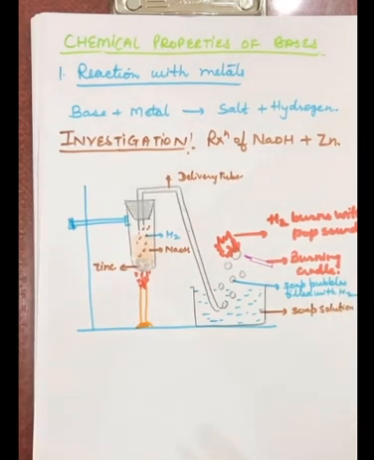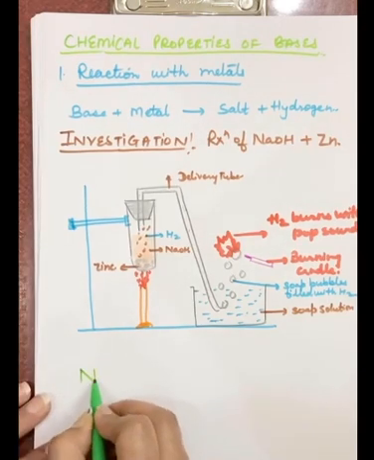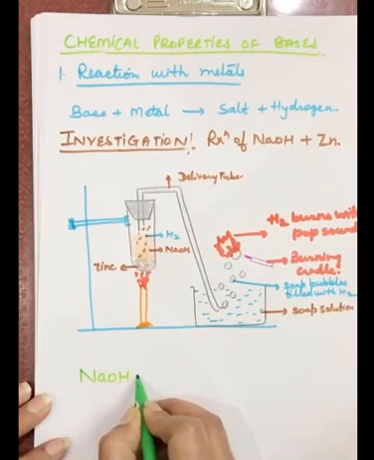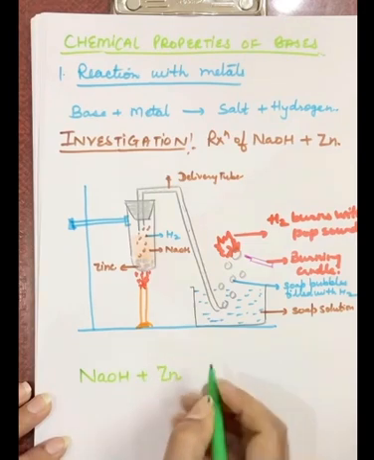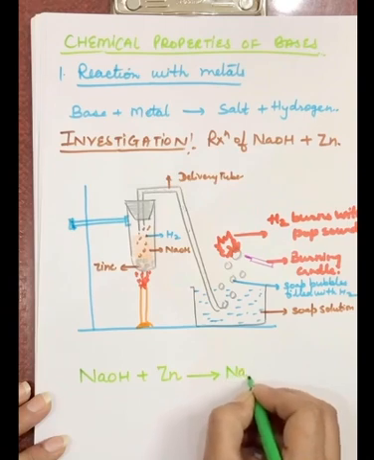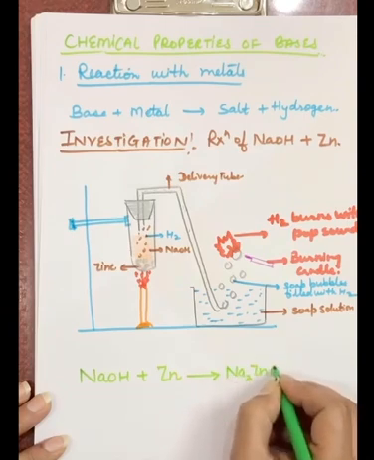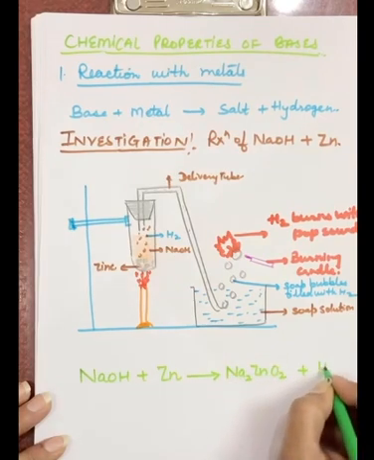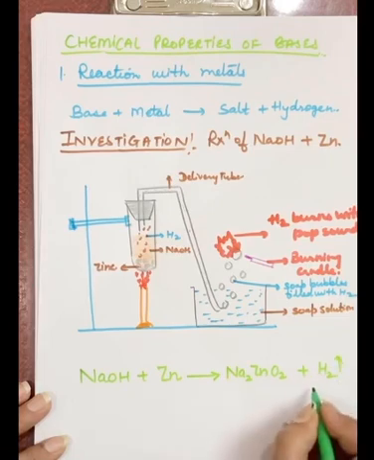The reaction that takes place here is that sodium hydroxide reacts with the zinc granules to form a salt. Which salt is forming here? Na2ZnO2, along with the formation of hydrogen gas. How do we check that hydrogen gas is forming?